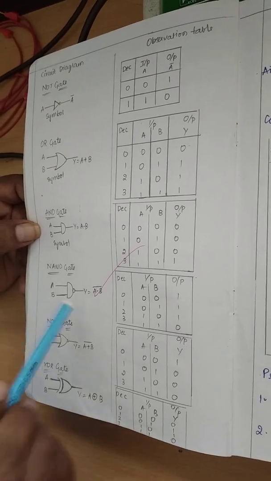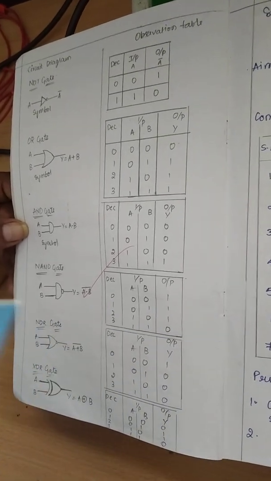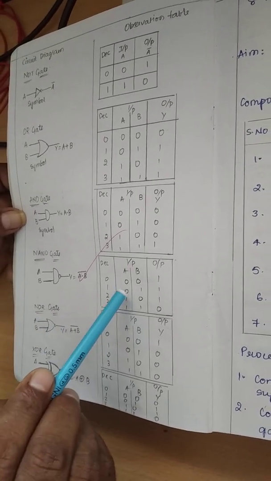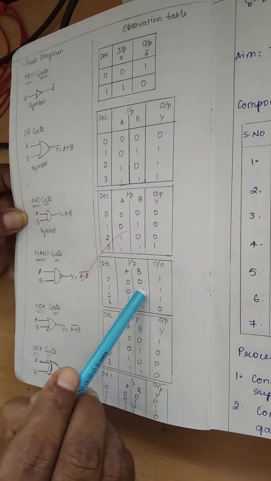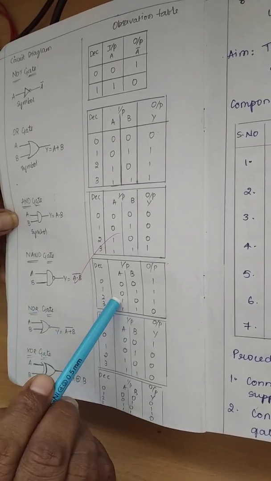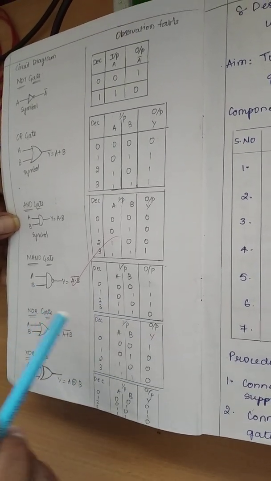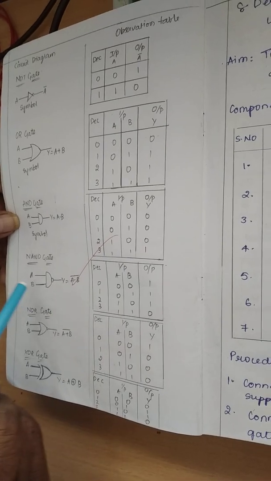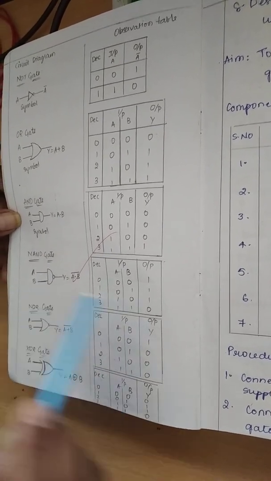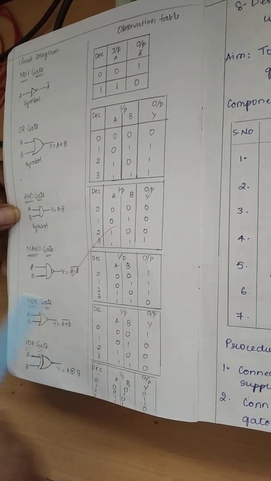If input is 1, the complement is 0. That is the truth of the logic gates. Next condition, A is equal to 0, B is equal to 1, output is 1. Next, A is equal to 1, B is equal to 0, output is 1. Last condition, A is 1, B is 1, output is 0. See, this is the NAND gate.